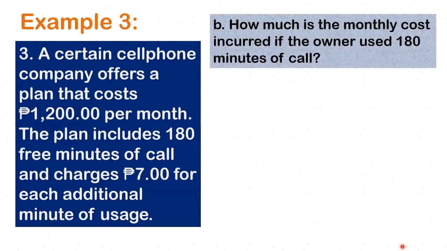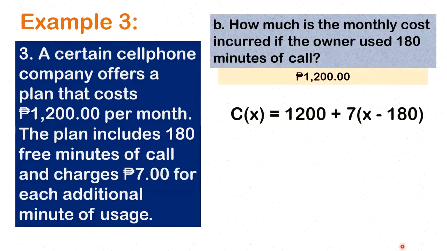Okay, second question for this example. How much is the monthly cost incurred if the owner used 180 minutes of call? This one is easy. Nasa table natin to kanina. It's 1,200. Right? But if you want to compute pa rin, okay, you may want to use this function. Right?